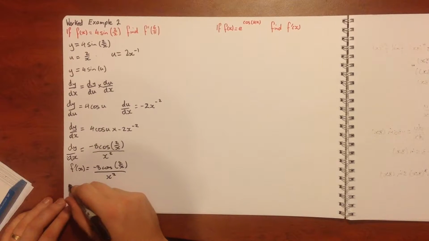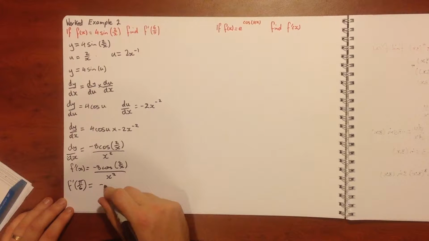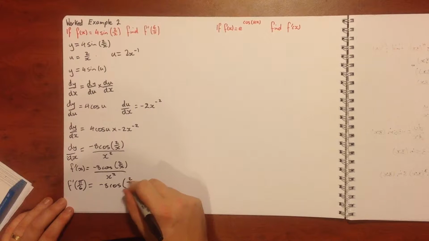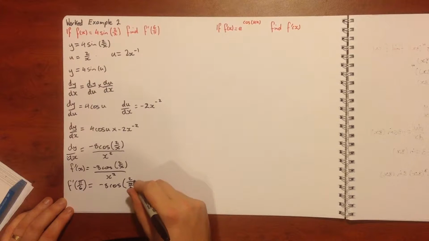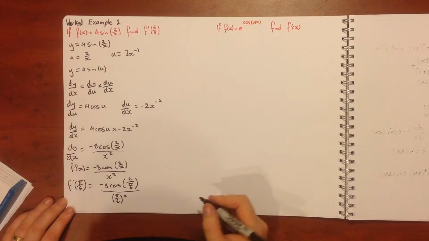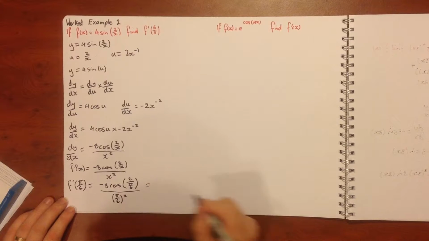So we'll get f dash of pi on 6 equal to minus 8 cos of 2 on pi on 6, over pi on 6 squared.